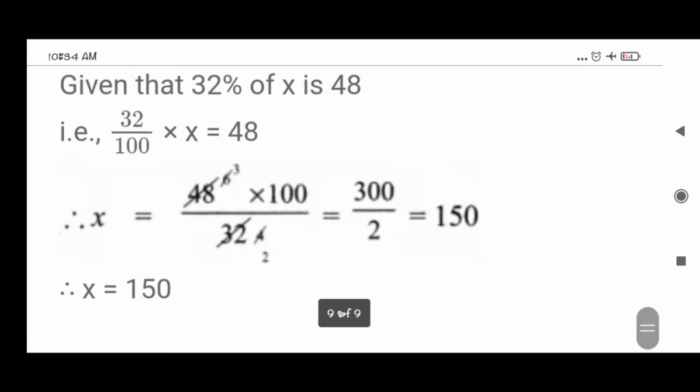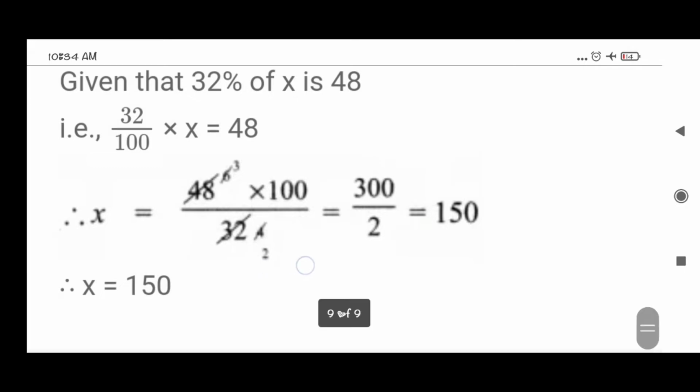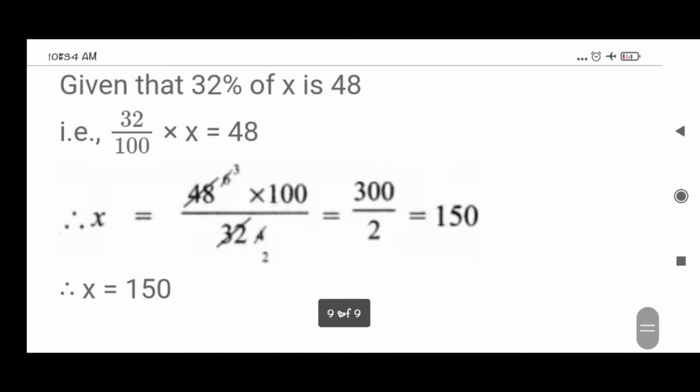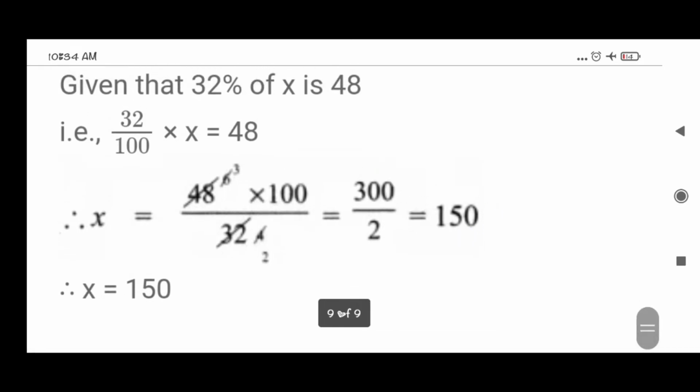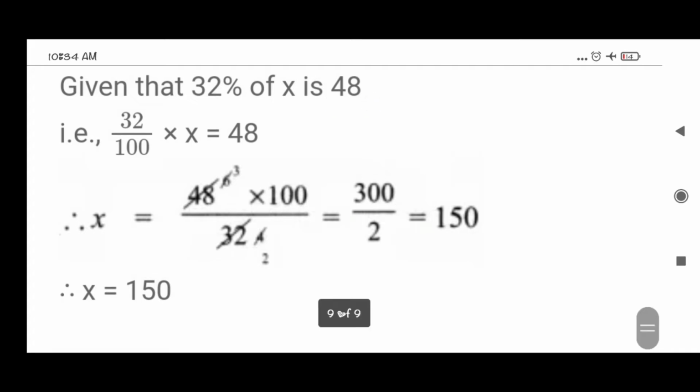When we cancel, we'll get 3 into 100 by 2. So 300 by 2. When we cancel this, we'll get 150. So x is equal to 150. So 32% of 150 is 48. Understand? We only need to multiply with the number, that is x, and divide by the percentage 100.